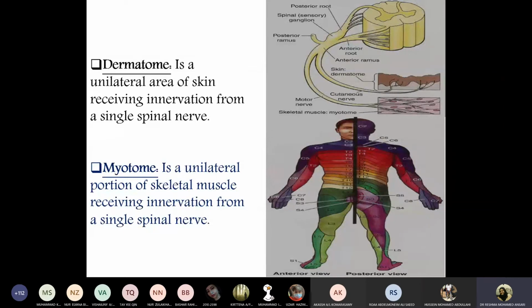Why is it important to know about a dermatome and myotome in anatomy? Any idea?